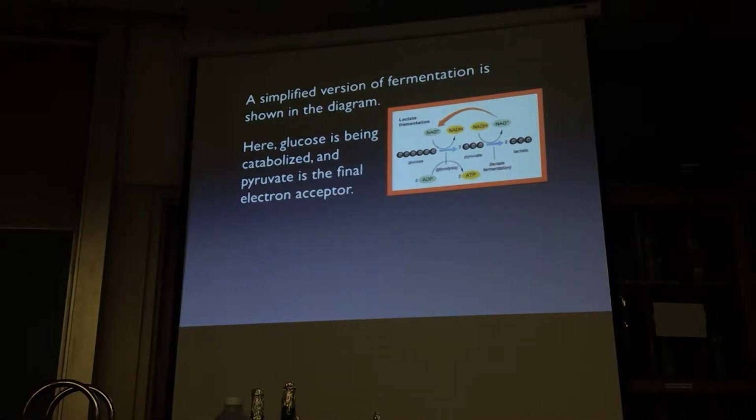Okay? That final electron acceptor in this event is pyruvate. It's organic. The cell made it by breaking down glucose, and then it's going to use it as an electron acceptor, and the pyruvate gets changed to lactate, lactic acid. Kind of makes sense? Kind of, sort of. Okay, anyway.